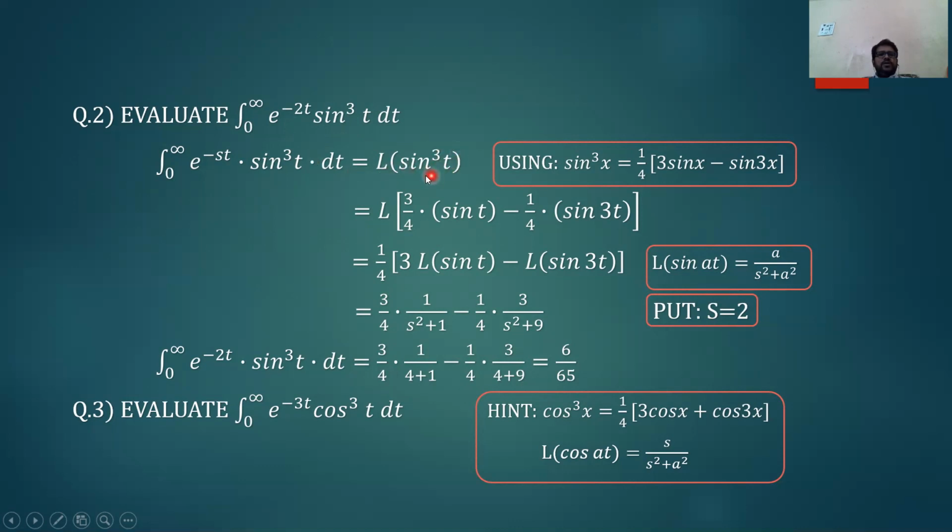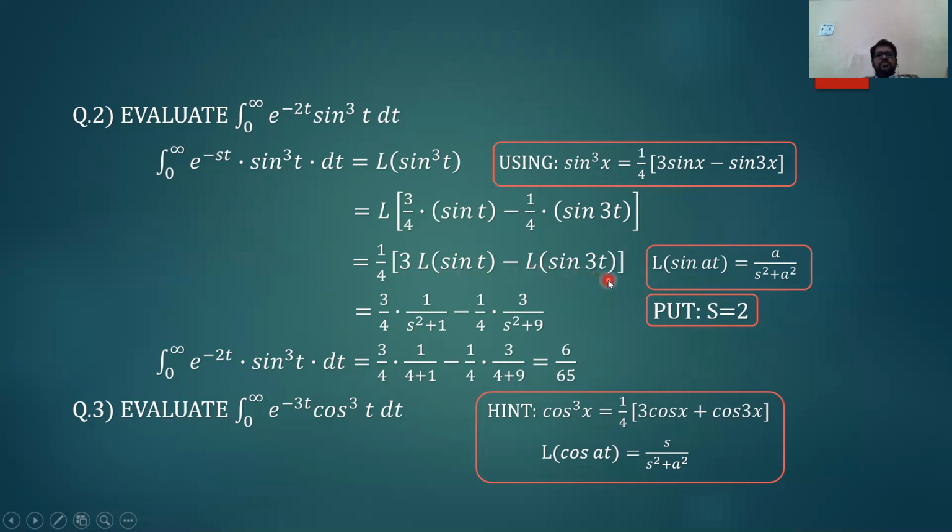So again try to change it into linear form. I use the formula sine cube x is 1 by 4 of 3 sine x minus sine 3x. So this is in linear form. 1 by 4 is common, so I have taken it outside. Now provide the Laplace transform of each term: 3 into Laplace of sine t minus Laplace of sine 3t.